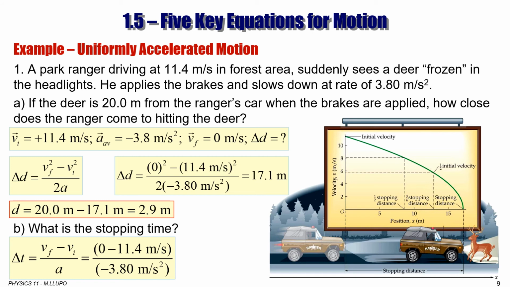If you go back to your notes and see equation number 2 and solve for delta t, this is the equation that we can use. Delta t is equal to V final minus V initial over A. So V final is 0, V initial is 11.4 meters per second, and acceleration is minus 3.8 meters per second square, and the answer would be 3 seconds.